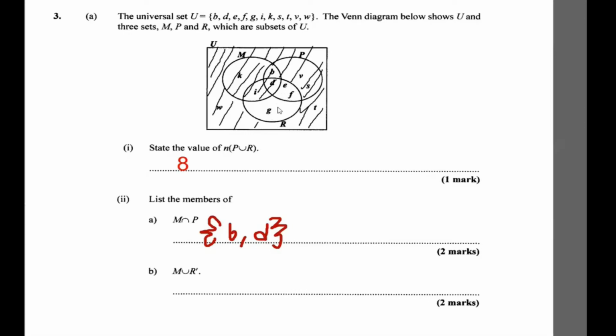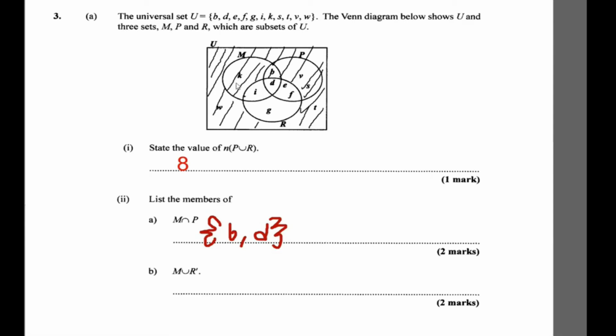That is G, E, and F. Oh, and we should take out this I and D because these are also inside of R. We don't want anything in R.